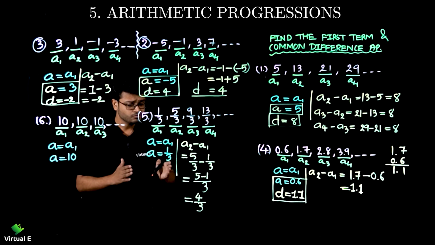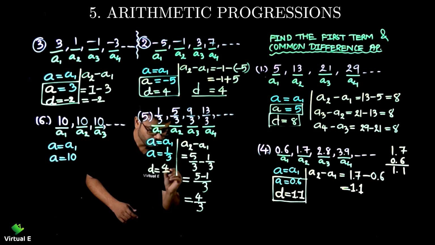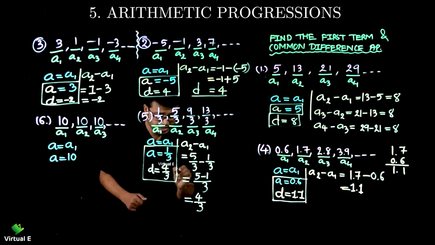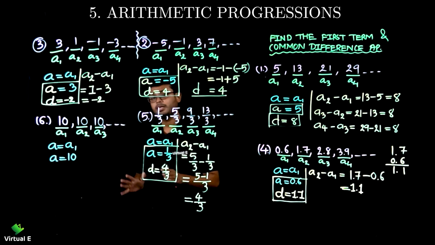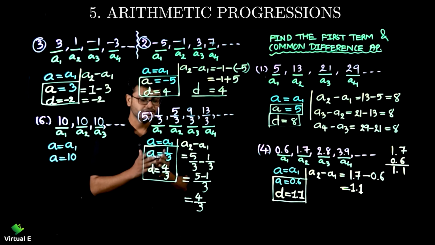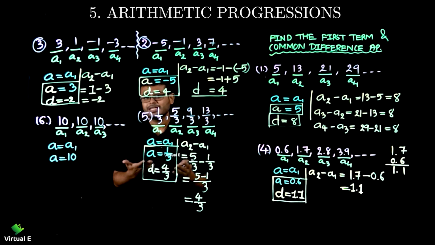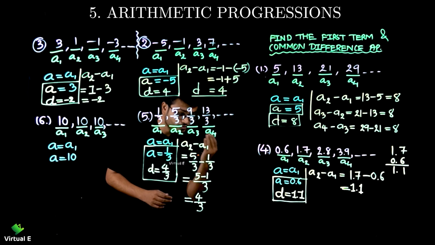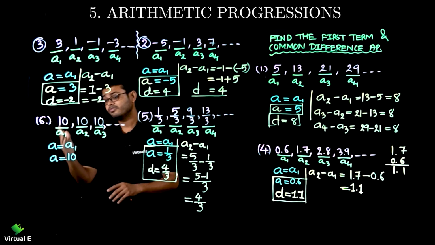My common difference D is 4 by 3. The purpose of this question is to understand how we deal with fractions and decimals. Don't forget the rules for fractions. If there is any subtraction of fractions, we need to take the LCM if denominators are not equal, but in this case denominators are equal, 3 and 3, so subtract the numerators and get your answer.